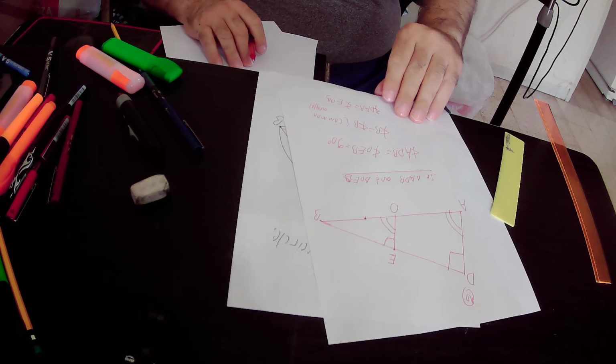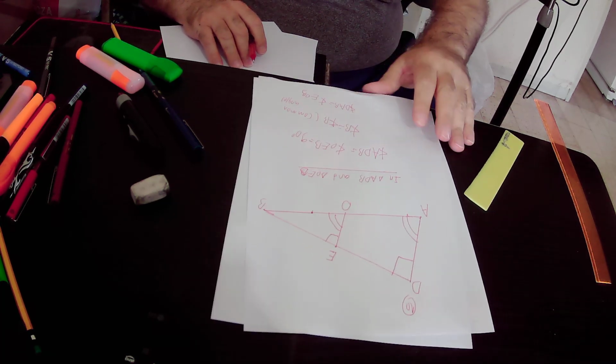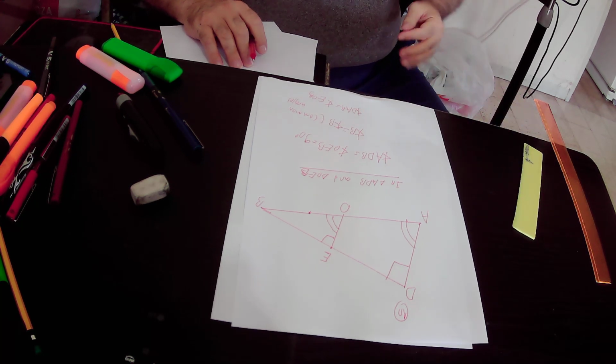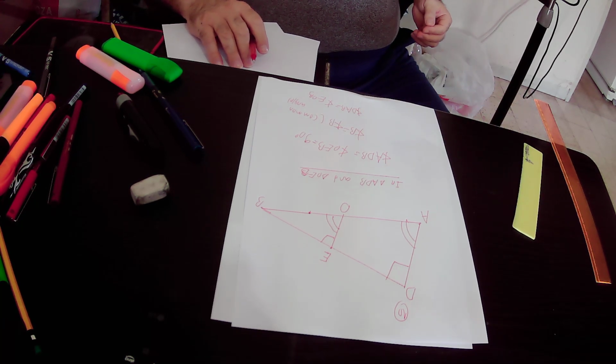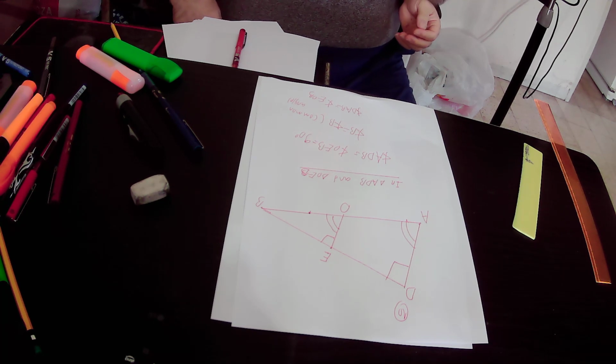Third angle theorem states that if you have two triangles, and two angles of one triangle are equal to two angles of another triangle, then the third pair of angles must also be equal between those two triangles.